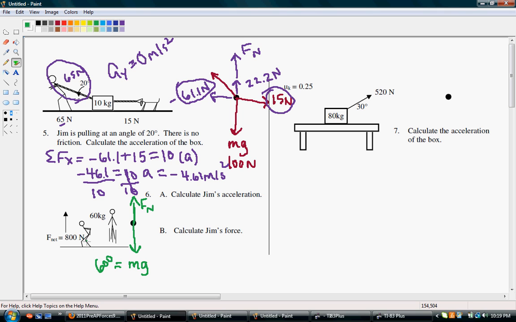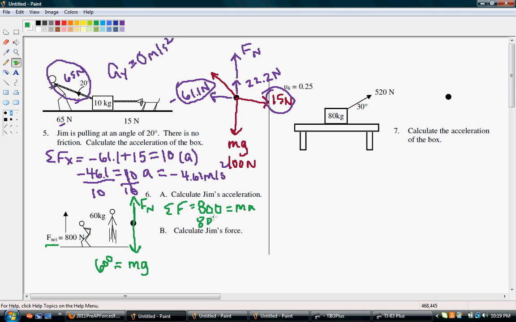Okay, but if he is exerting a normal force on the ground, the ground's going to have to exert a greater normal force on him. So, we know that the net force is 800. Guys, if it gives you the net force, they're basically saying the sum of your forces equals 800. And we also know that the sum of our forces equals mass times acceleration.